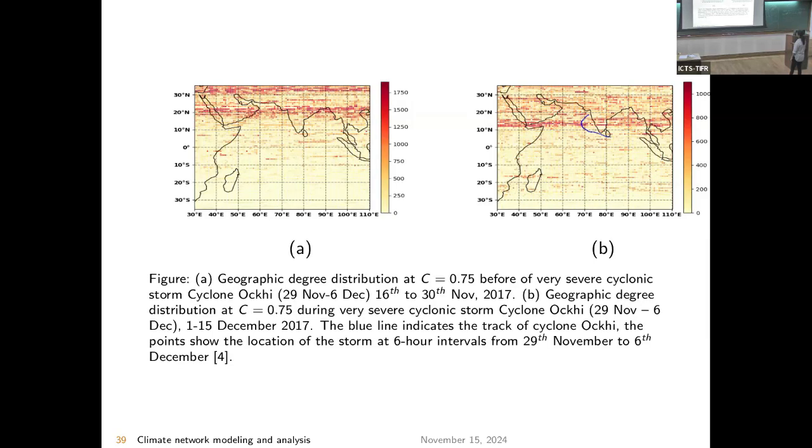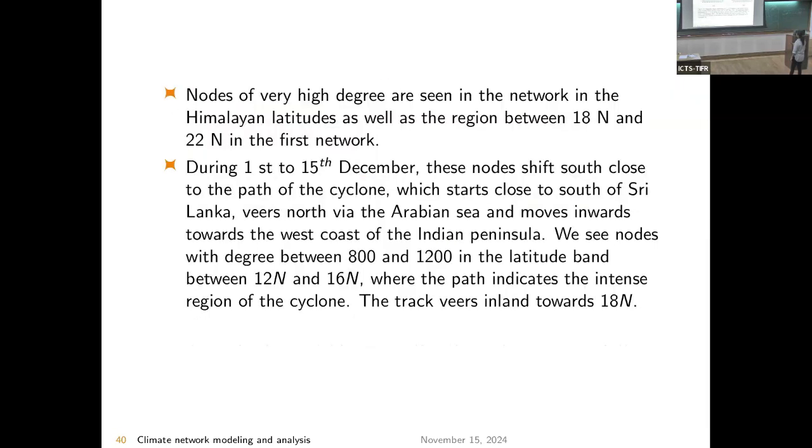That is in this area, and during 1st to 15 December, these nodes shift south, close to the path of the cyclone, and this cyclone weaves its way towards the Indian Peninsula.